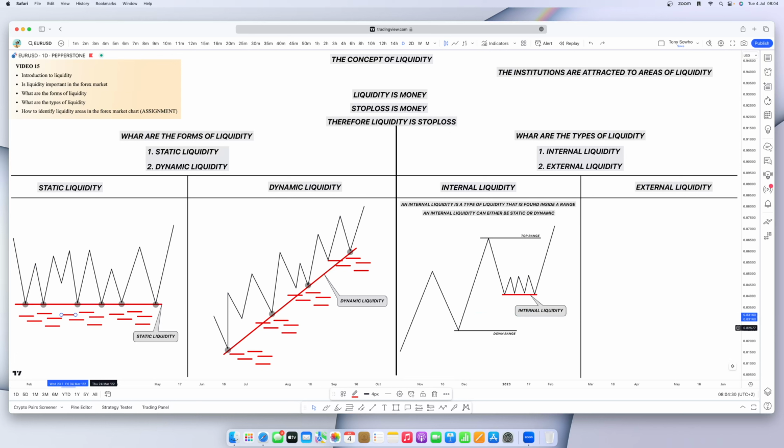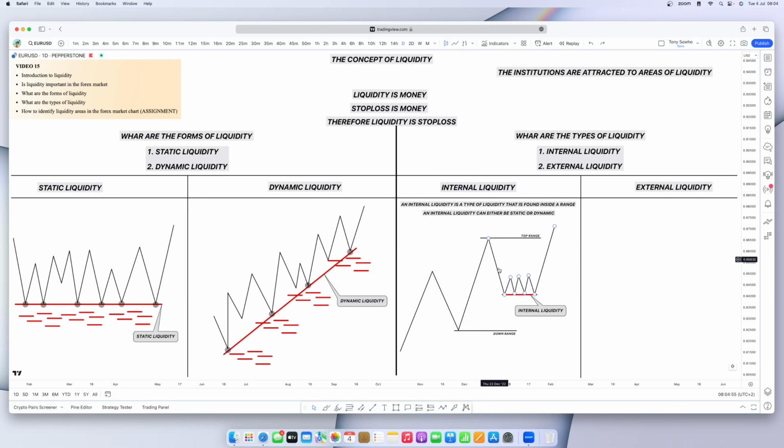Let's just leave it. All right. So this is an internal liquidity, and this is stop loss. There are stop losses down here. In cases like this, the institutions will most likely run on this liquidity. But I will be teaching you that later when we get to institutional candle.